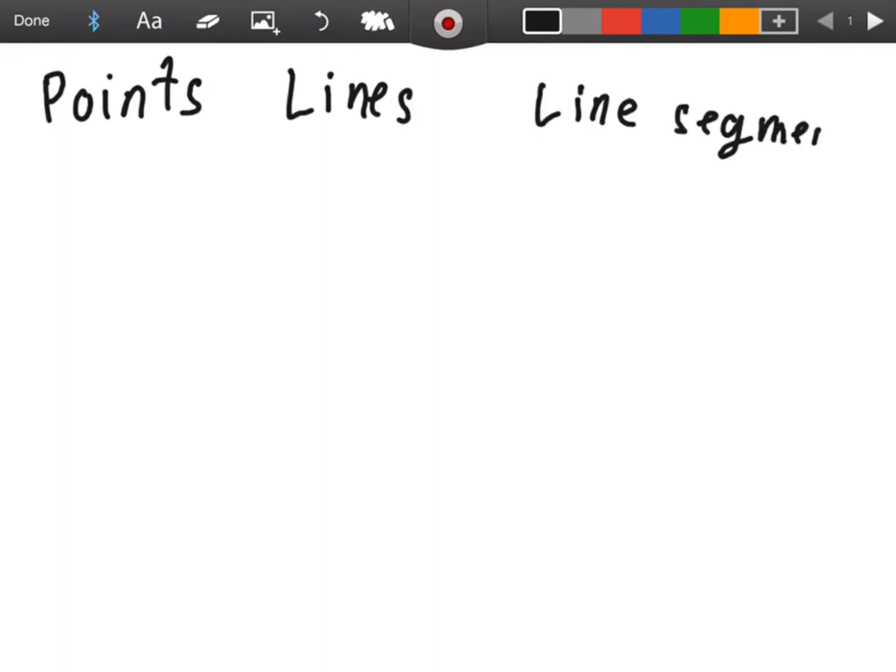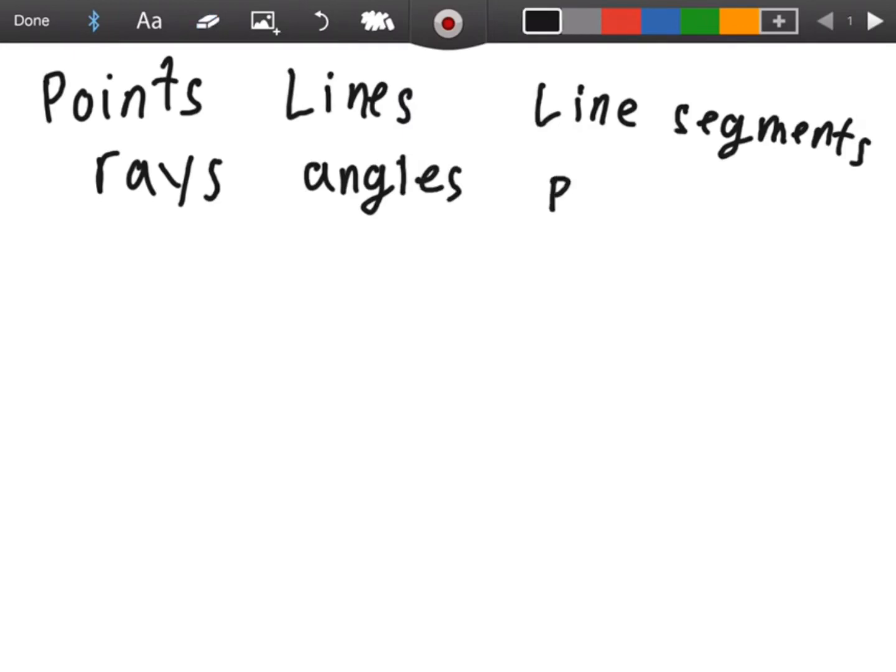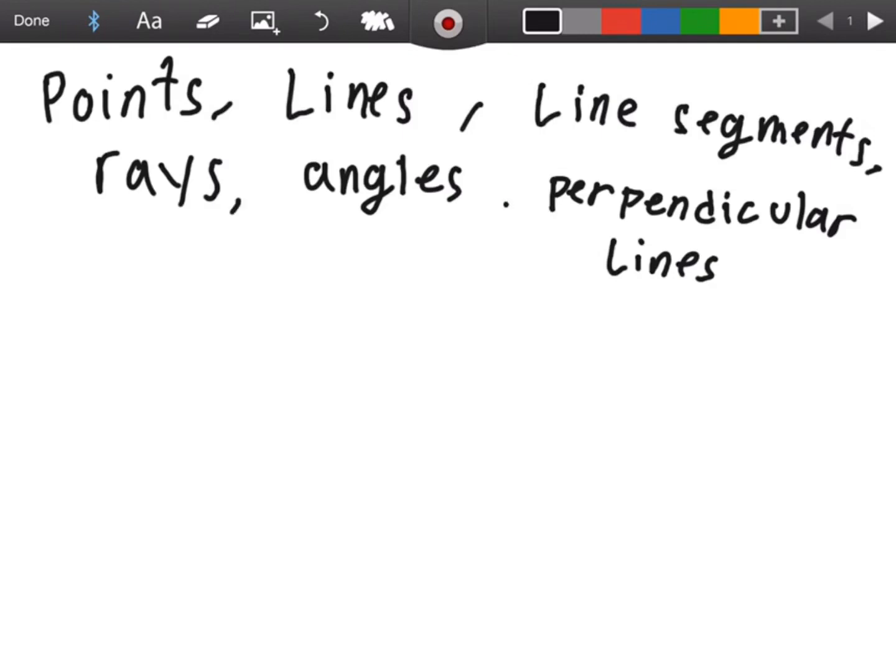We learned about rays. We learned about angles. We learned about perpendicular lines. Oh, one thing we forgot were commas. Rookie mistake. And we learned about parallel lines.